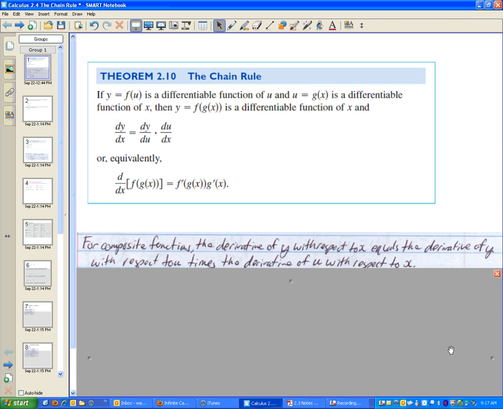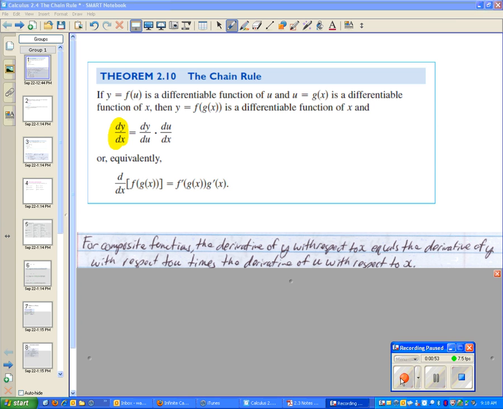And here's how you find its derivative. The derivative of y with respect to x. That's the way you need to think of that. The derivative of y with respect to x equals dy du, which means the derivative of y with respect to u, times du dx.